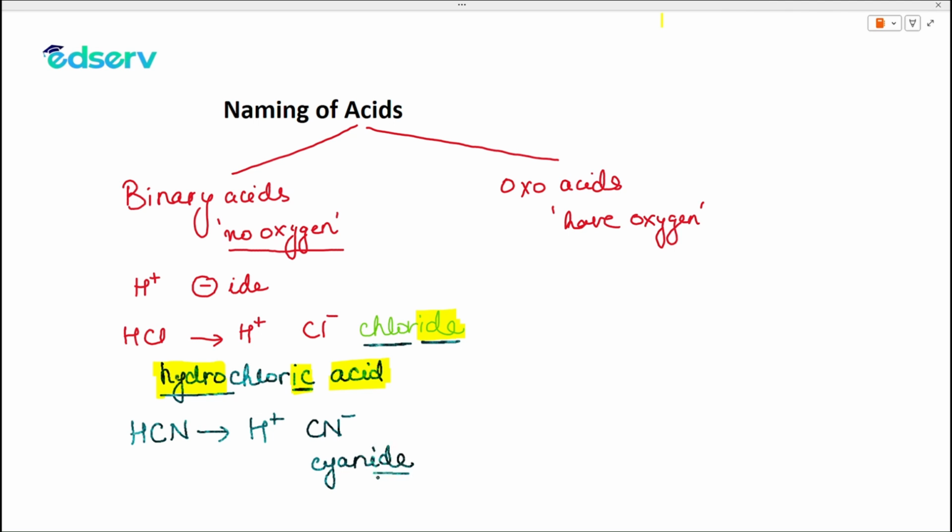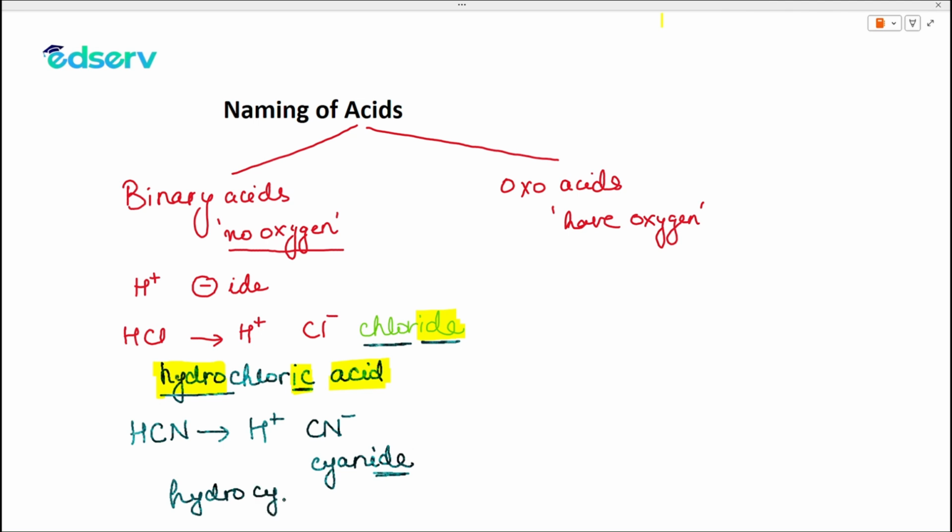Again, it is ending with the ide. Because we have to name this acid, we'll start with hydro, just because it is a binary acid. And then the ide is going to be replaced by ic.